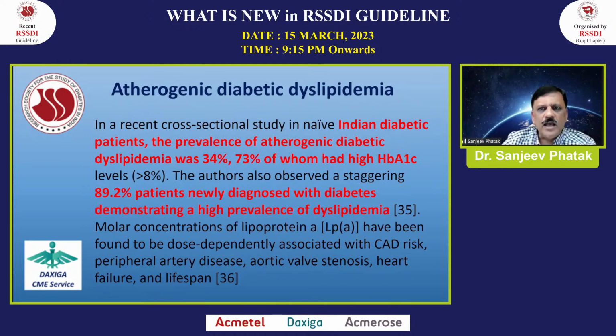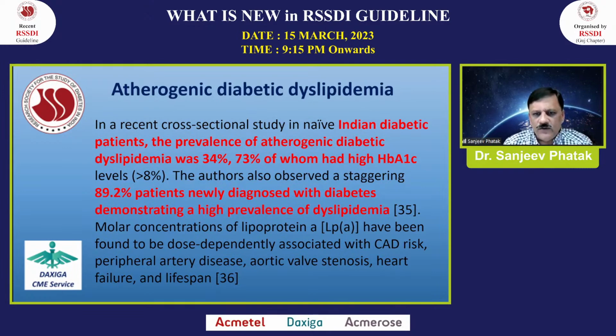So coming back to the atherogenic dyslipidemia, in the cross-sectional study of Indian diabetic patients, the prevalence of atherogenic dyslipidemia was 34%, 73% of whom had high HbA1c levels. And in the studies, the authors also observed a staggering 89% of the patients with newly diagnosed diabetes had dyslipidemia.